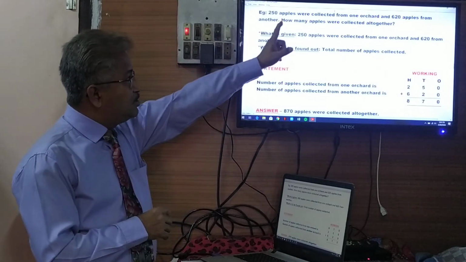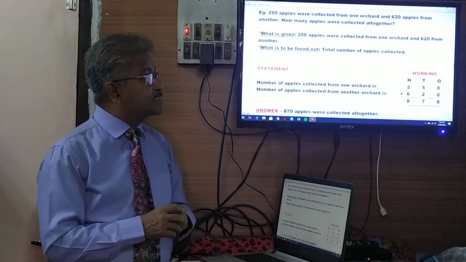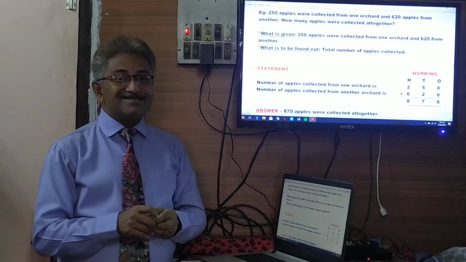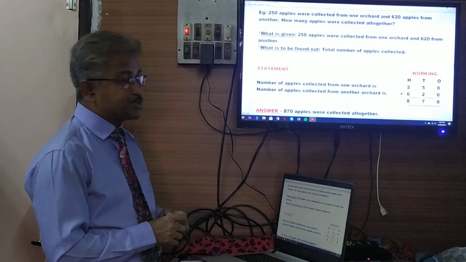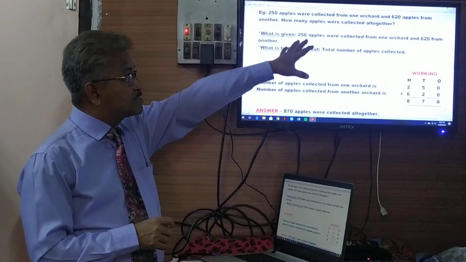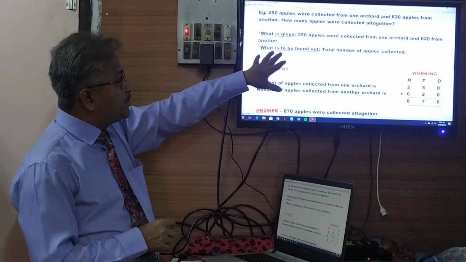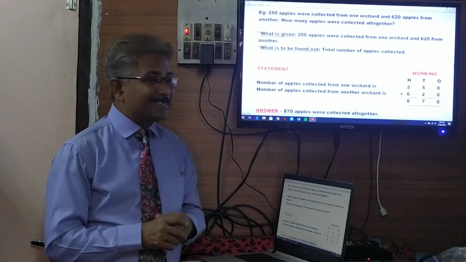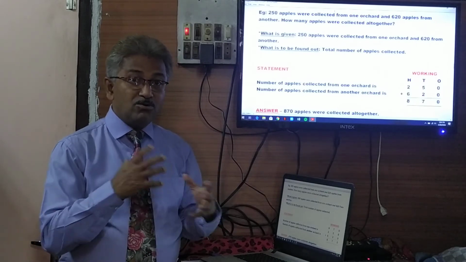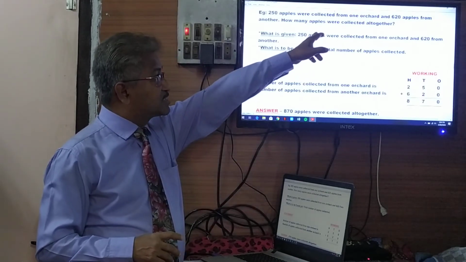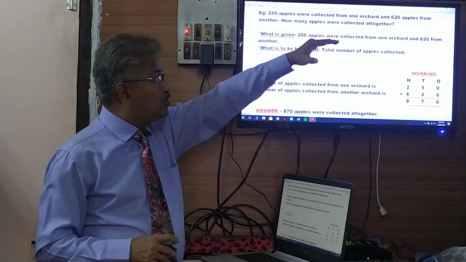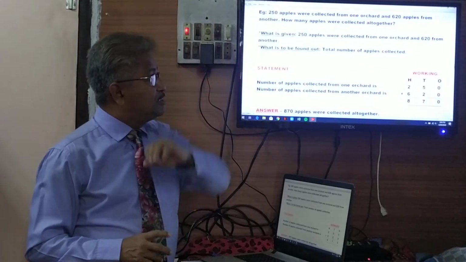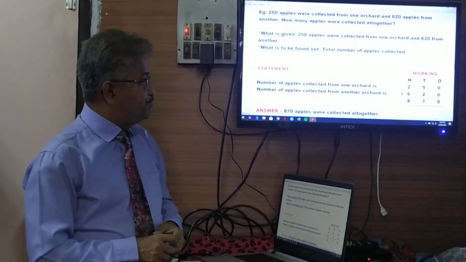What is given? 250 apples were collected from one orchard and 620 from another orchard. So that is what is given in the sum. What do we need to find out? Total number of apples collected. So now we are going to use what is given to find the answer to the question.